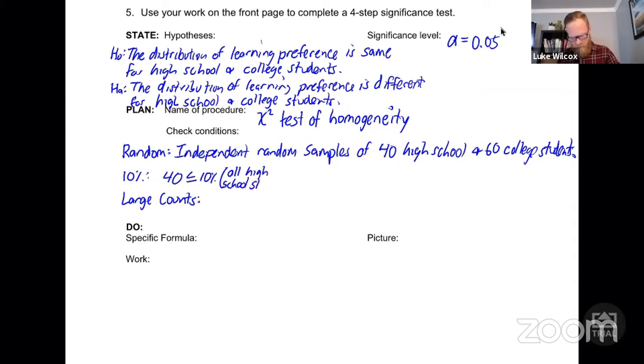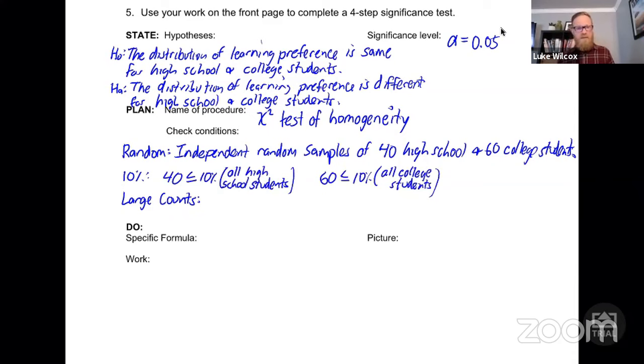Definitely a reasonable assumption because of the huge number of high school students in the country. And then for the college students, we sampled 60 of them, and we want that to be less than 10% of all college students. And I think both of these are very reasonable to assume.